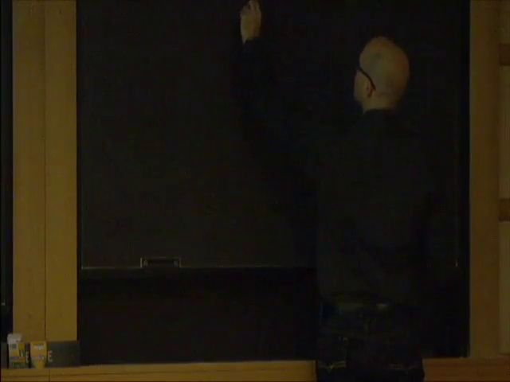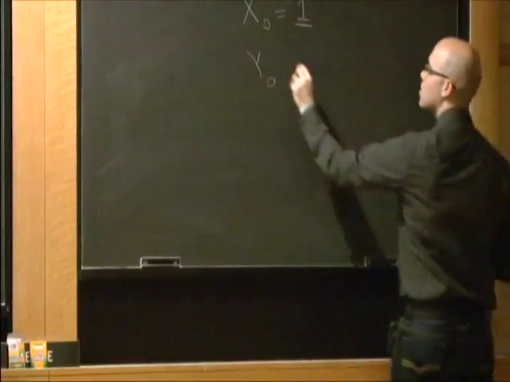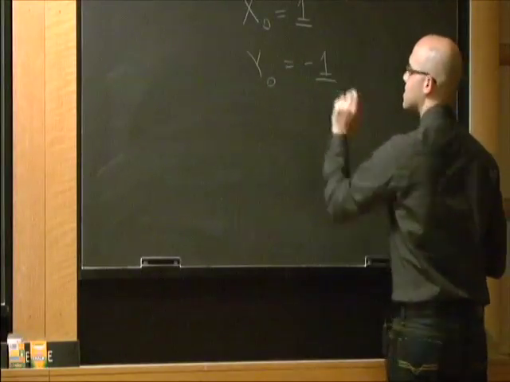think about running one chain x, where x naught, the initial position, is all ones. And think about running another instance of the chain, y naught, whose initial position is always -1.